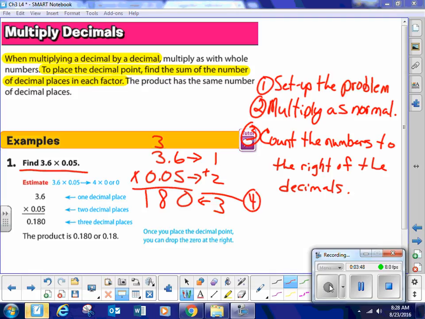And our fourth step is to give our answer that many. And here's the word that I use.